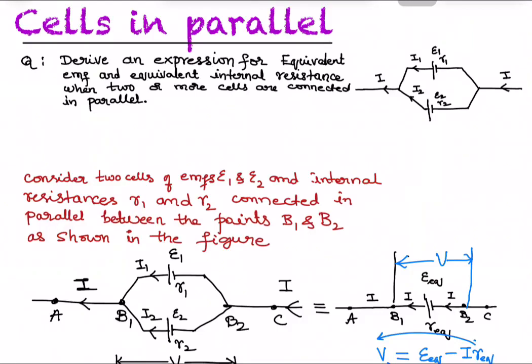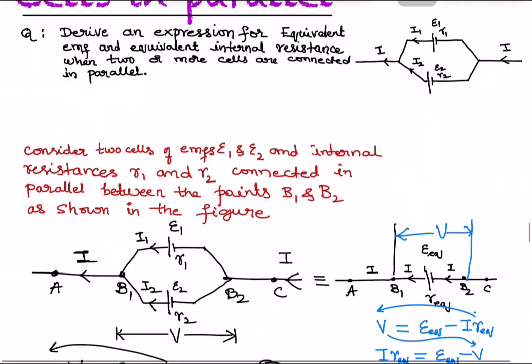Let's go for the derivation. Consider two cells of EMFs E1 and E2 and internal resistances R1 and R2 connected in parallel between the two points B1 and B2, as shown in the figure.